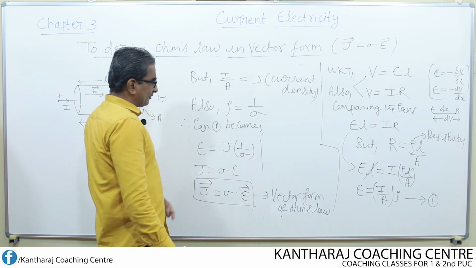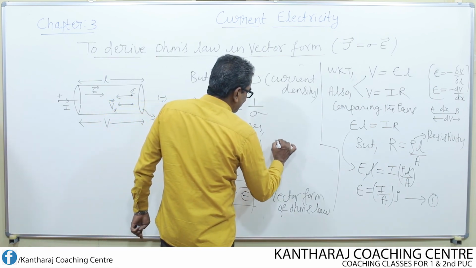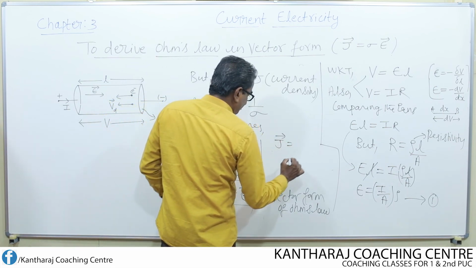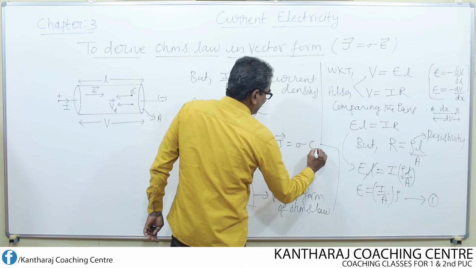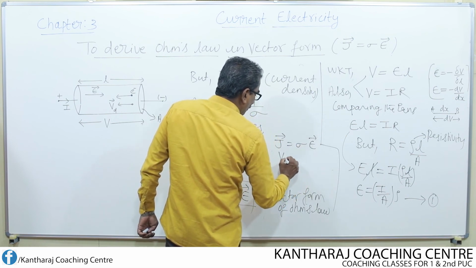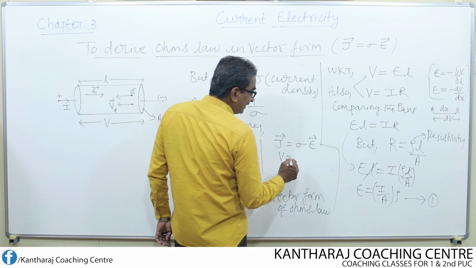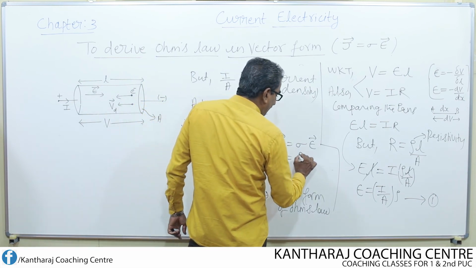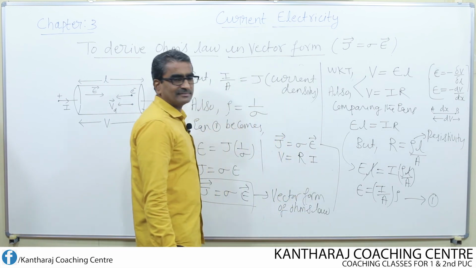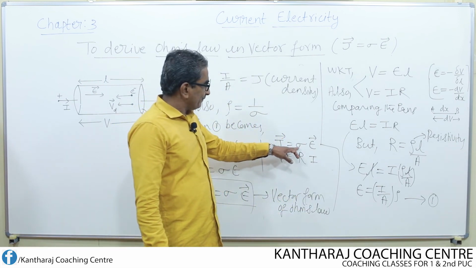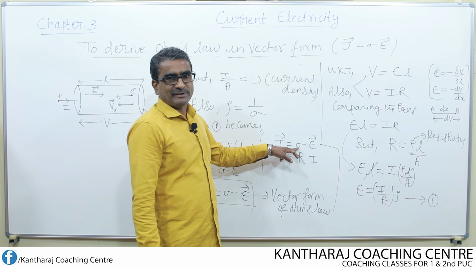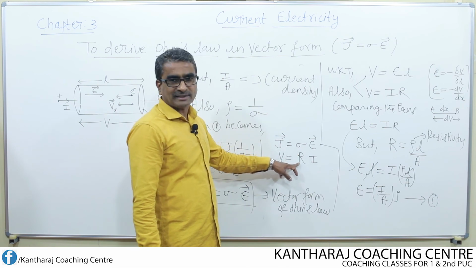Compare this equation, look here: J equal to sigma into E. The scalar form of Ohm's law is V equal to I into R. Look here, this is conductivity and this is resistance.